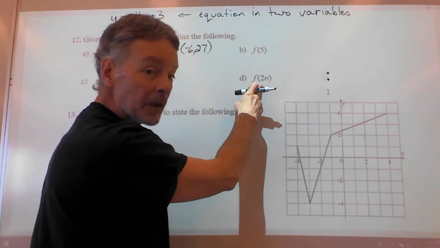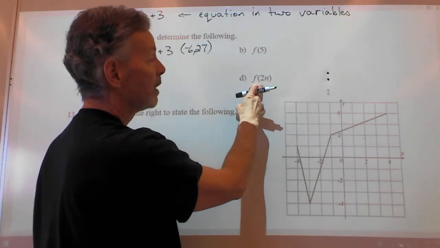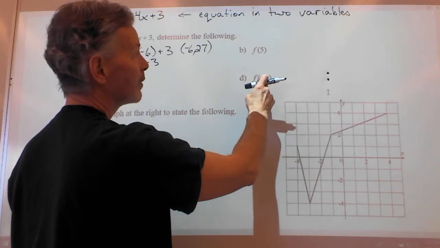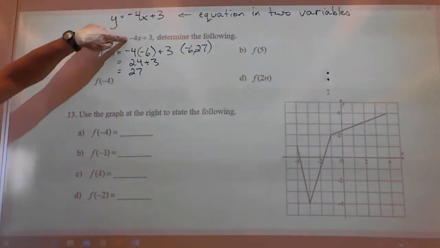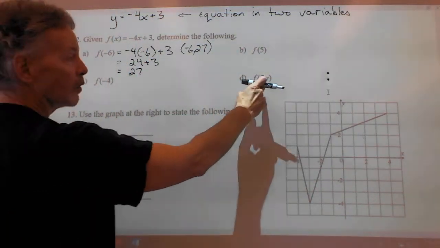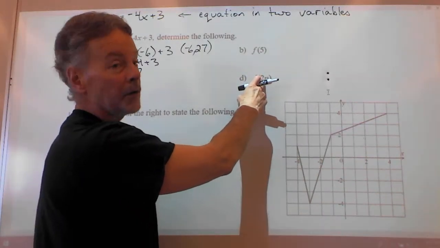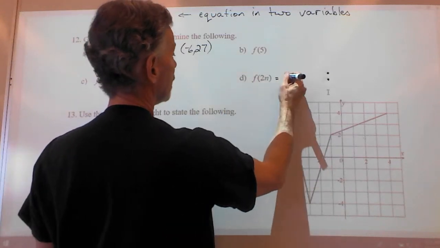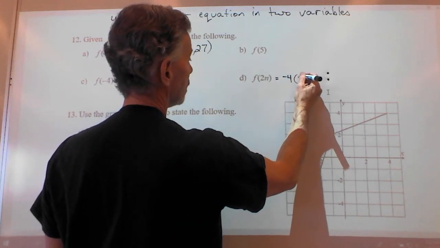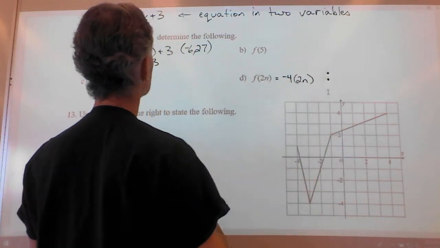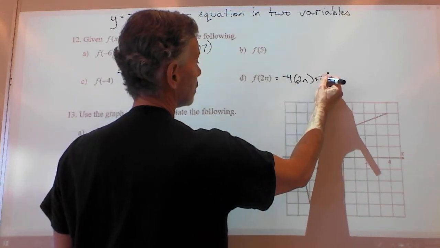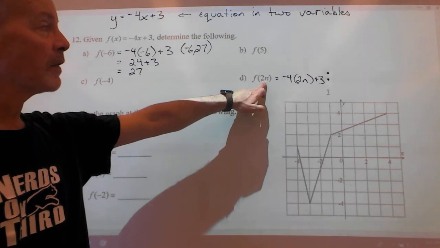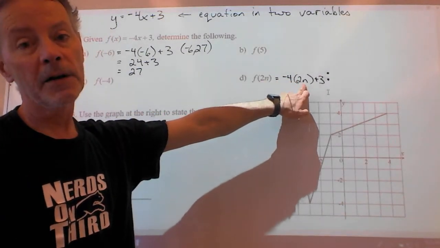If you see something scary like this, don't be scared. All that means is wherever you see x in your original equation, you're going to plug whatever value you see in the brackets. So this one would become negative 4 times 2n plus 3. Again, that's my value for x, so I plug it in wherever x was.